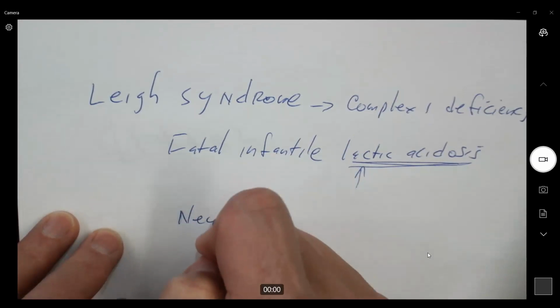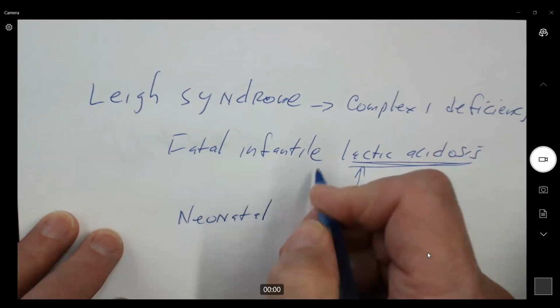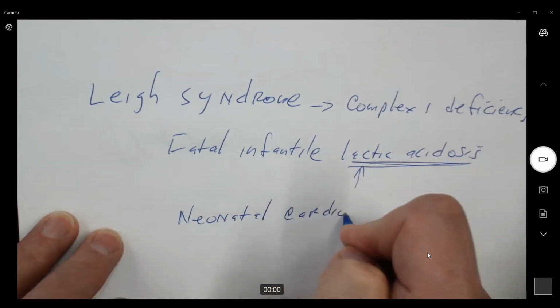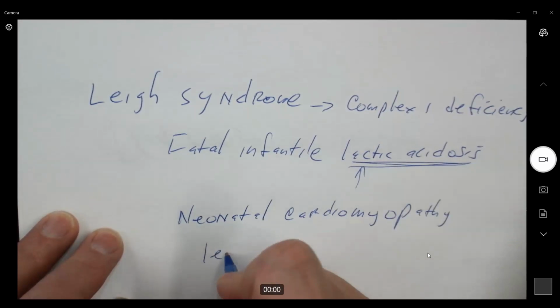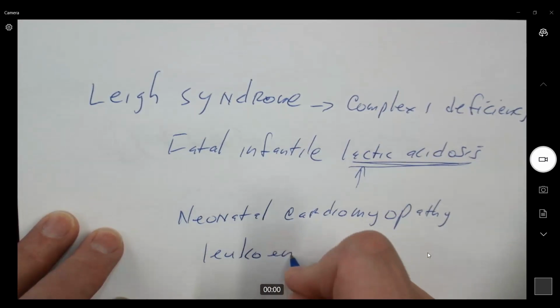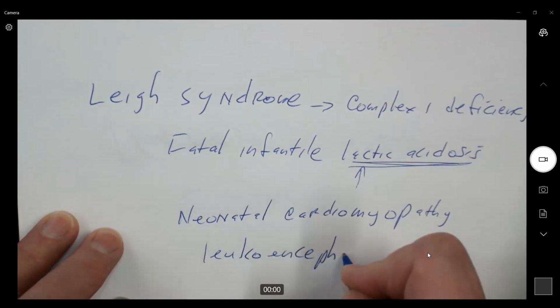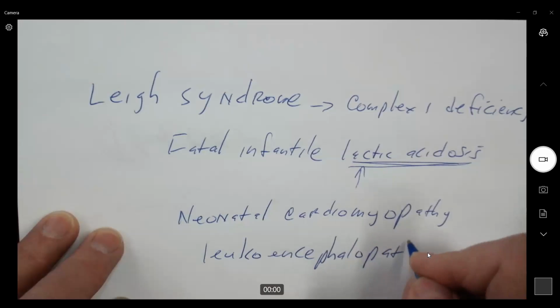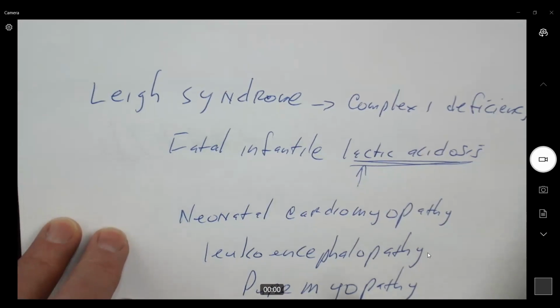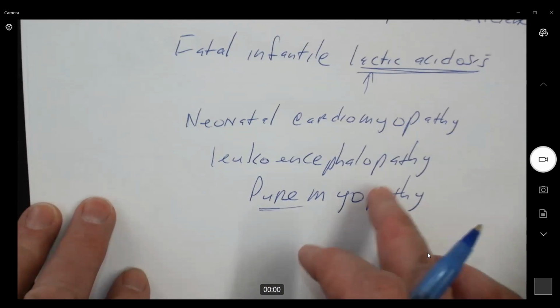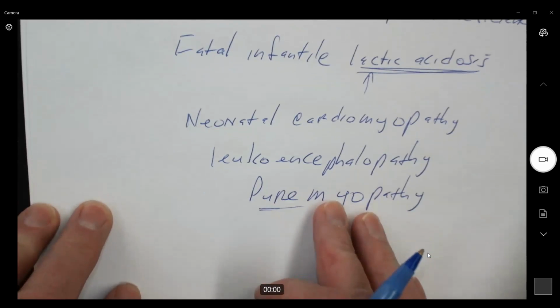There is neonatal cardiomyopathy. There is also leukoencephalopathy, something that is called pure myopathy. No idea why it's called pure, but myopathy, of course, the muscles, which are so ATP dependent, start to break down.